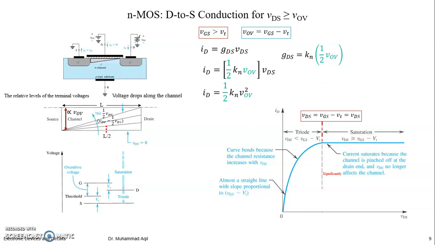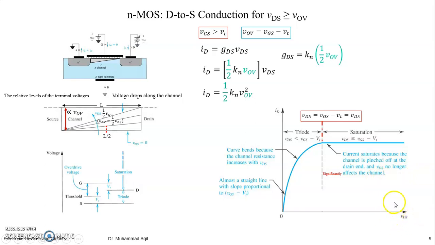Previously in the BJT, the region near zero was the saturation region and the other was called the active region. Here we have a triode region, and the active counterpart is the saturation region, and this is the important region in which we will design amplifiers. Current saturates means it becomes constant because the channel is pinched off, and now the current will no more increase even if you increase your VDS.